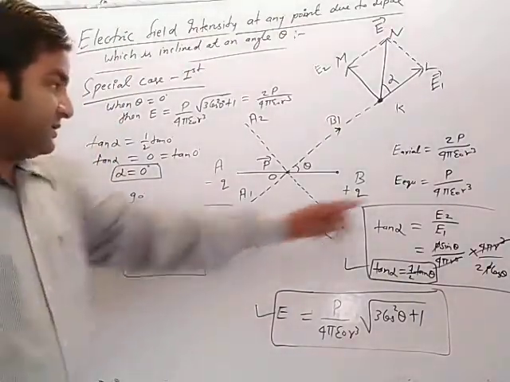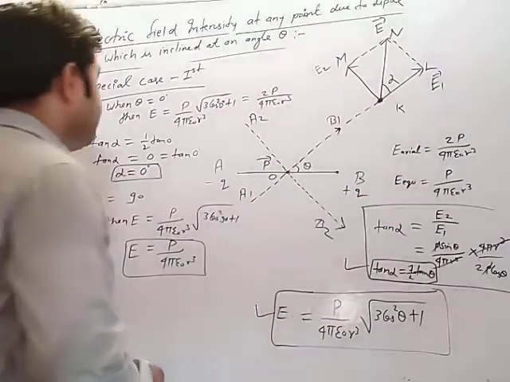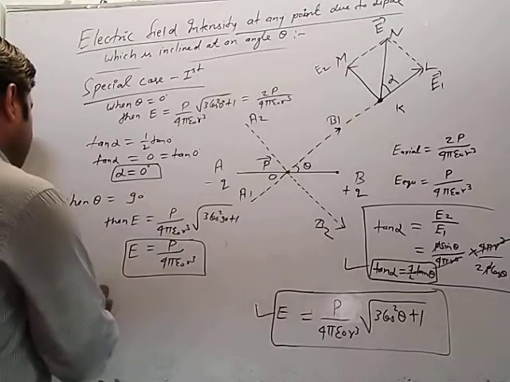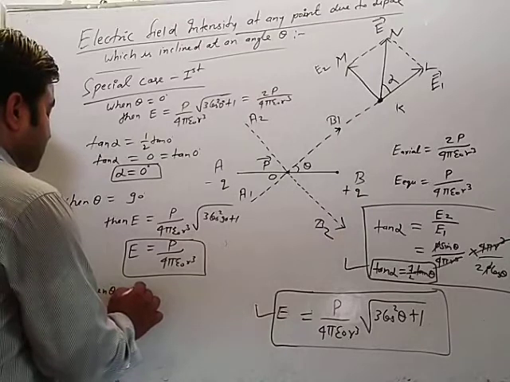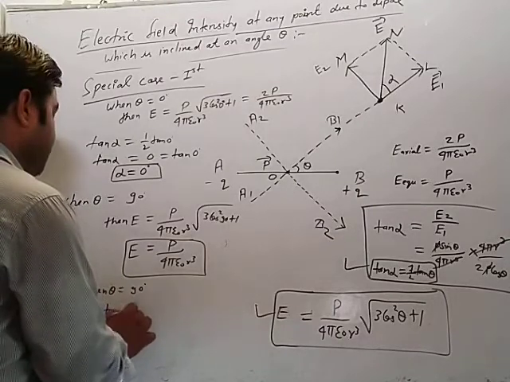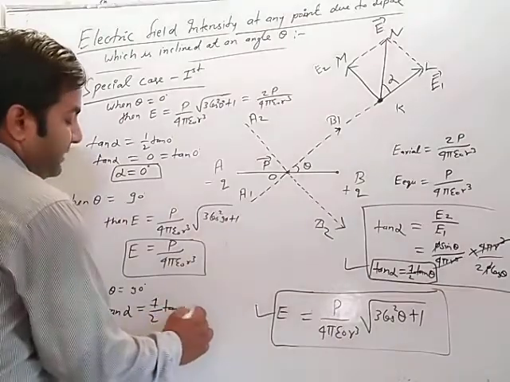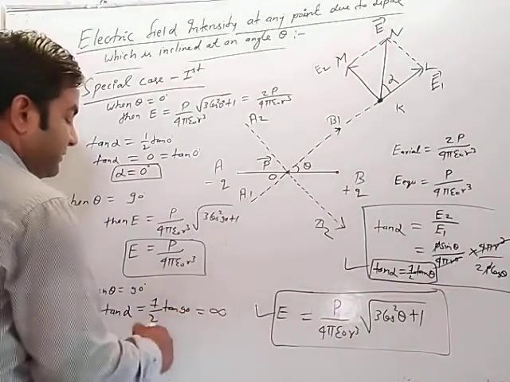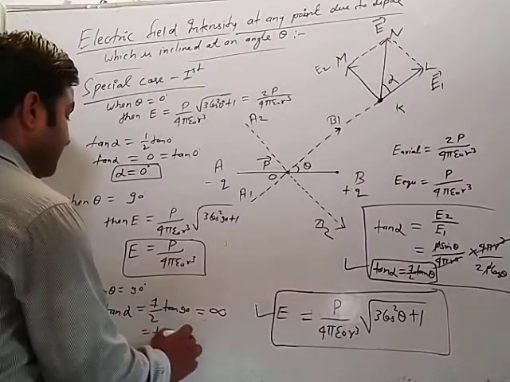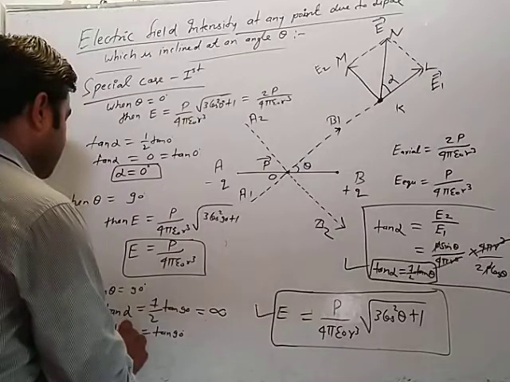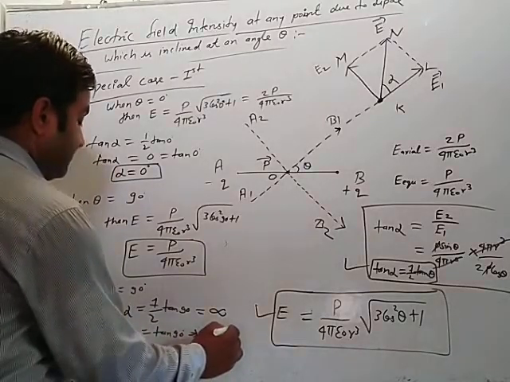This formula is the same as in the previous case, where we derived it by direct diagram. And when theta is equal to 90, tan alpha is 1 upon 2 tan 90, and tan 90 is infinity, so infinity upon 2 is infinity. So tan alpha is infinity, then alpha is equal to 90 degree.